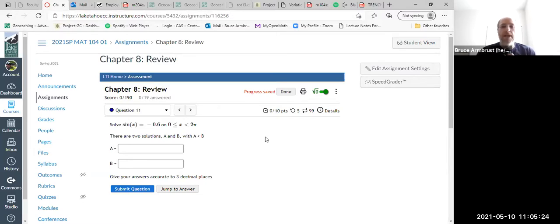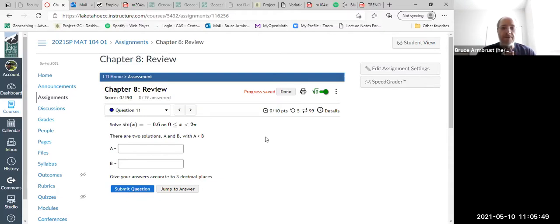Okay, so let's first just think about where these answers are going to be. What quadrants is x going to lie in if sine is equal to negative 0.6? Would it be 3 and 4? Okay, perfect. Yep, they're going to be in quadrants 3 and 4.